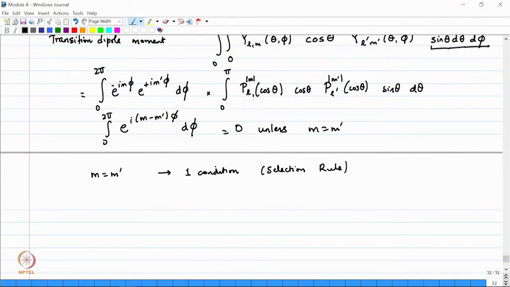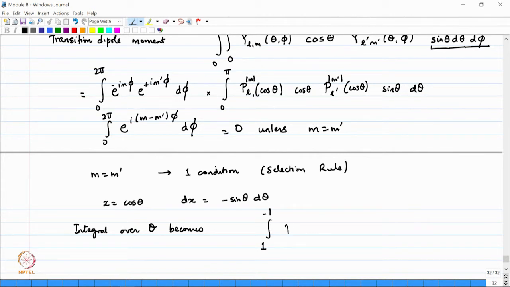Now, the second condition we can get by putting m equal to m' in this. You put x equal to cos theta, dx equal to minus sin theta d theta. So, the integral over theta becomes an integral where, when theta equals 0, x equals 1, and when theta equals pi, x equals minus 1.